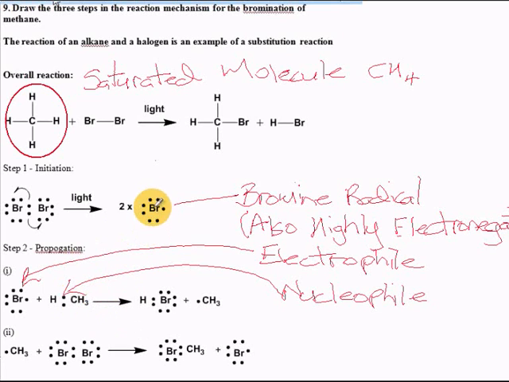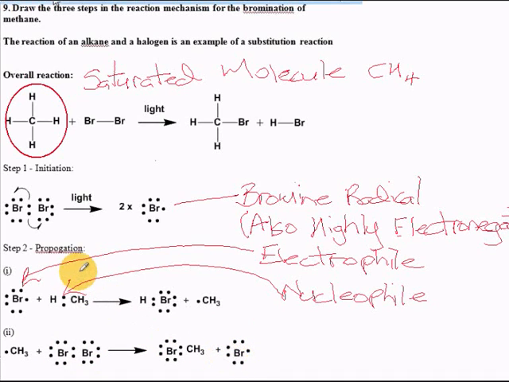The bromine radical, as an electrophile, has taken an electron from a methane molecule, creating a methyl radical, and then the methyl radical goes on to break down molecular bromine, and we end up with a bromine radical.